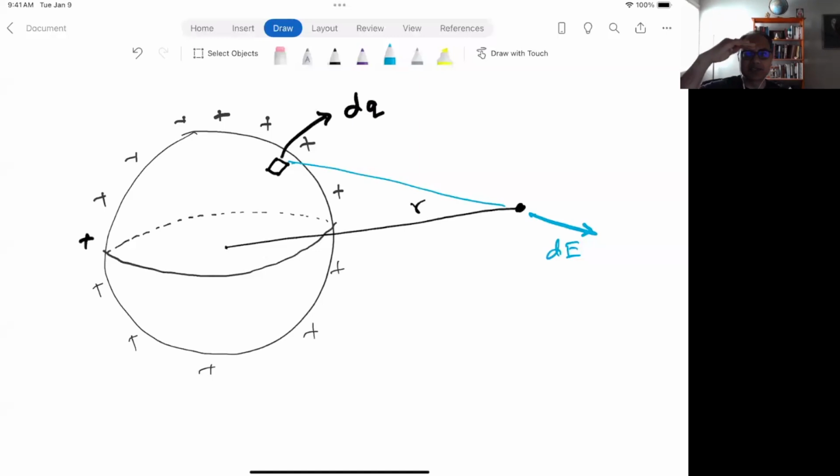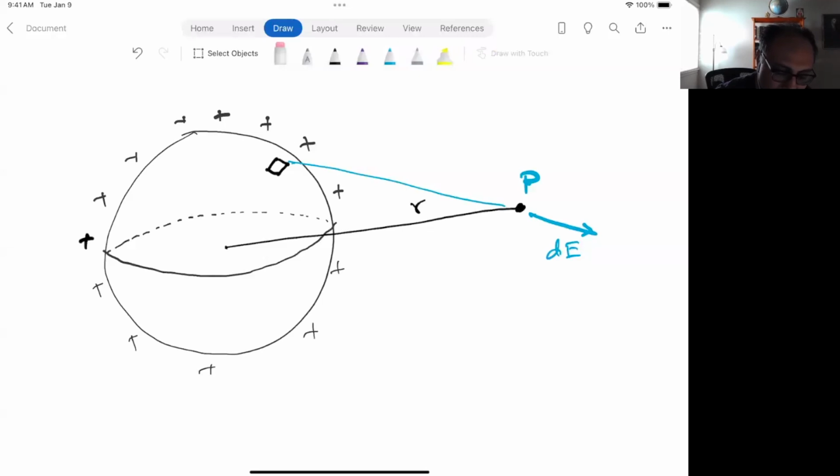So you'd have to do a surface integral over the sphere to get the net electric field at the point P. That's a very long and tedious calculation, so we are not going to use that method at all. We are going to do it in a different way.